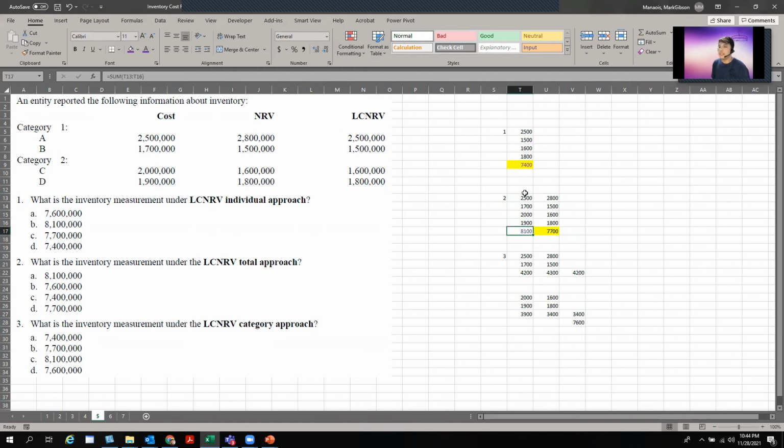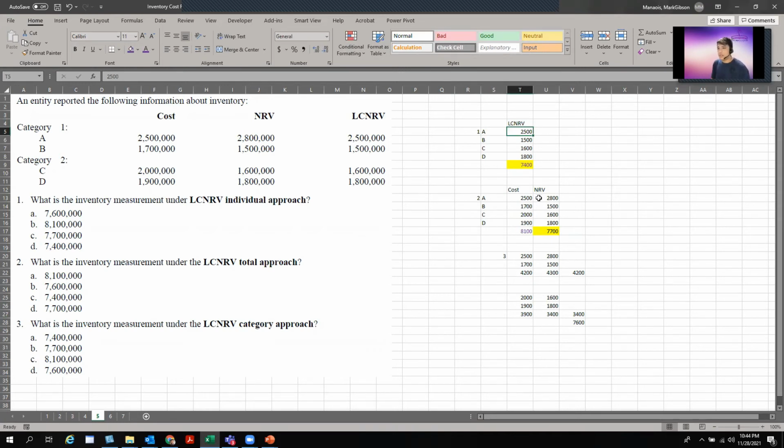No? This is the cost, para hindi malito, and this is NRV. So also we get the sum, no, for this NRV. So we have 2.8 for product A. O para hindi malito, lagay ko na rin dito si product A, B, C, and D. This is LCNRV.